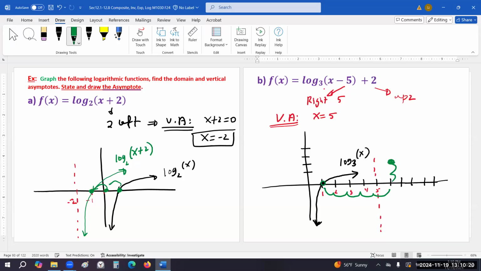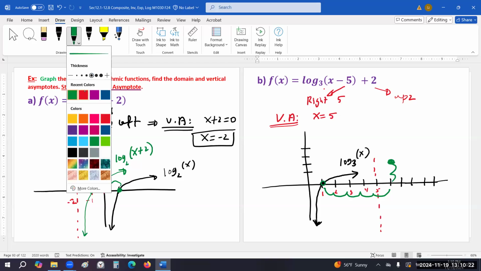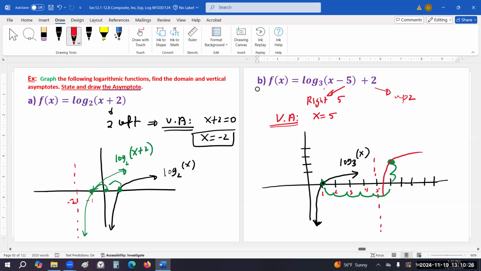The new point would be 6, 6. So this is our new point. 5 right, 2 up. Log base 3 of x minus 5 plus 2.